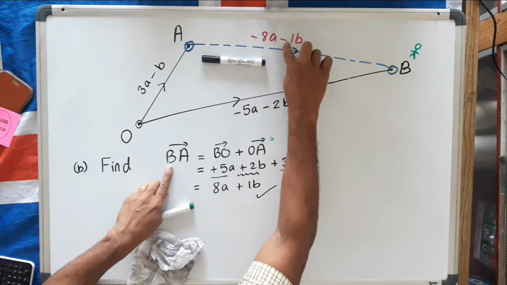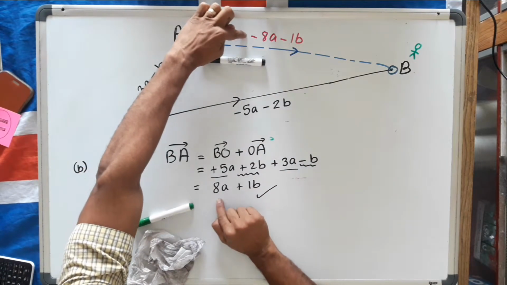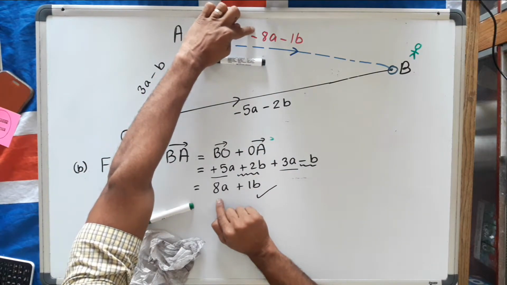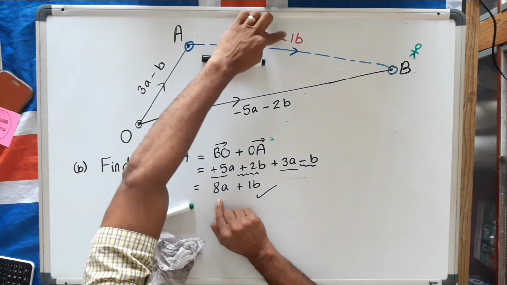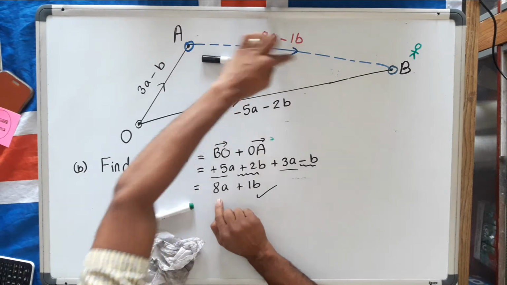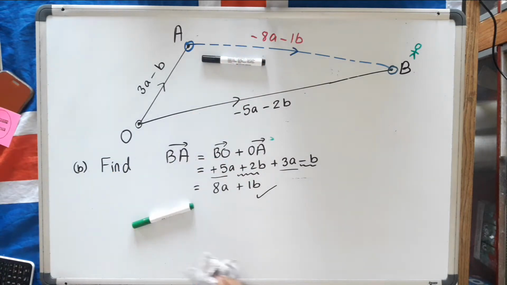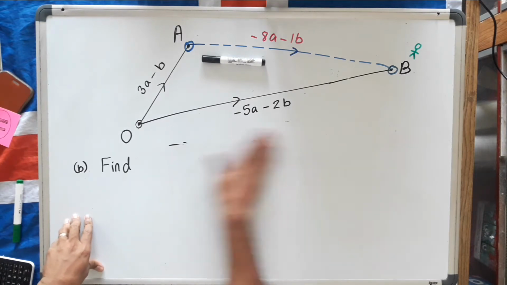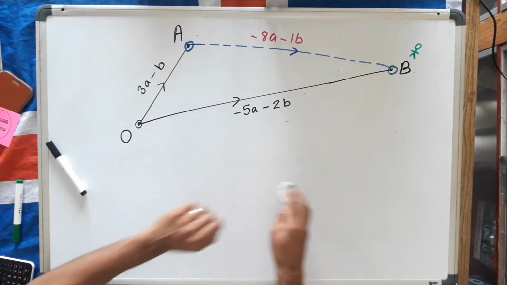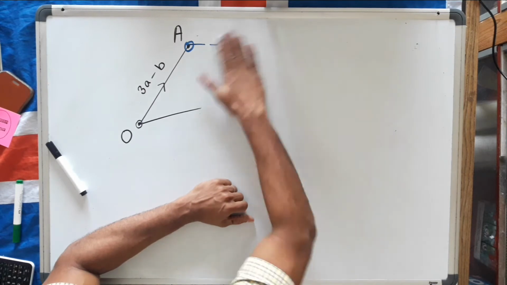All I needed to do was make each sign the opposite. Negative 8A became positive 8A, and negative 1B became positive 1B. All right. So let's do a harder question. So it's pretty simple. Let's go.